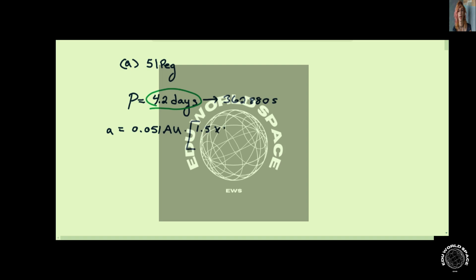You can also just convert it using Google, or your professor might give it to you to help you out, or your book. Okay, so this is 7.65 times 10 to the 9 meters. But I just did it for you, just so you know.